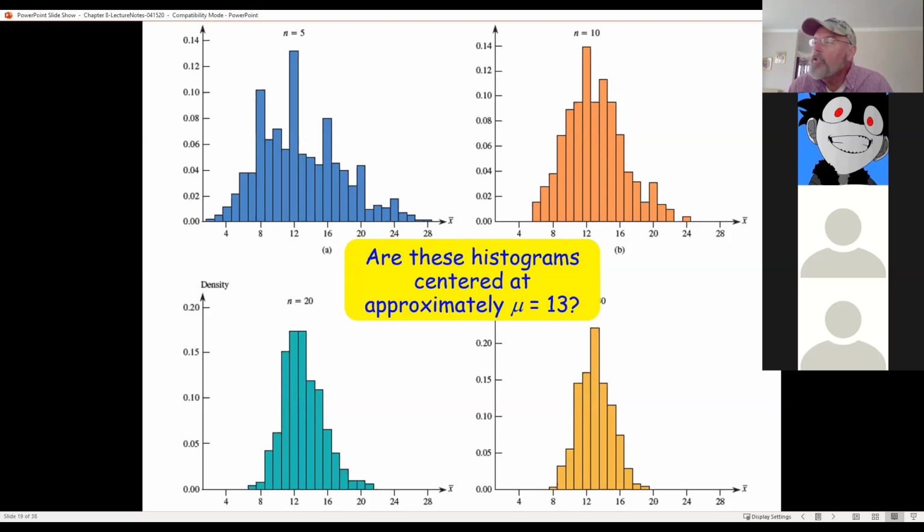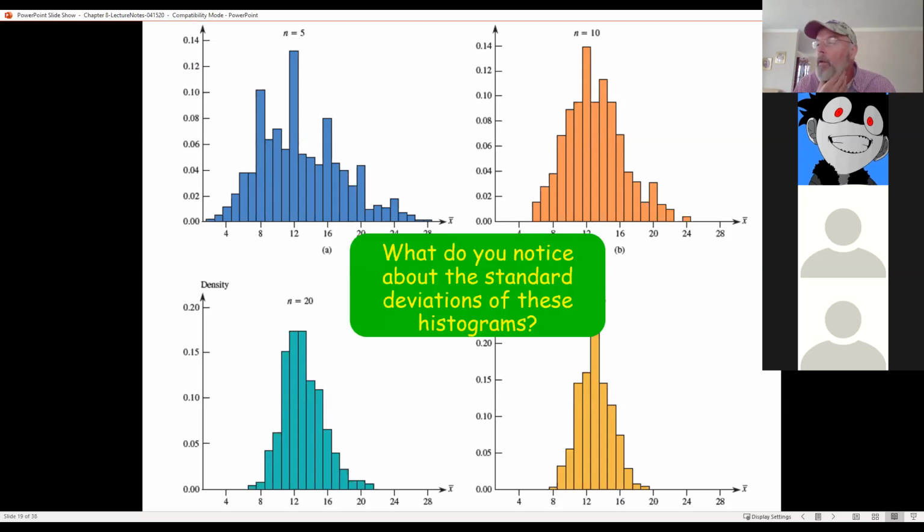So it looks like each histogram is centered around mu equals 13, which is very easy to see here. The standard deviations of these histograms are decreasing as the sample size increases.